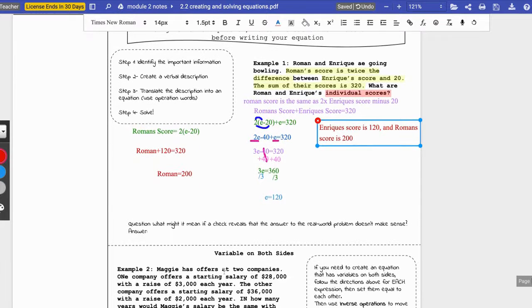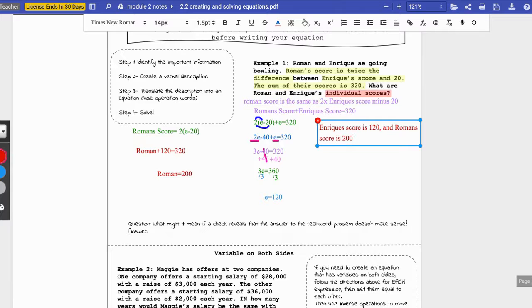All right, so one thing that I want you to answer on your own is what might it mean if a check reveals that the answer to the real world problem doesn't make sense? Like in this case, what would that mean if Enrique's score was actually 400?